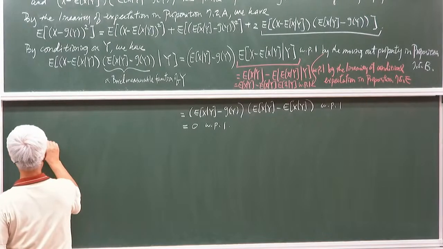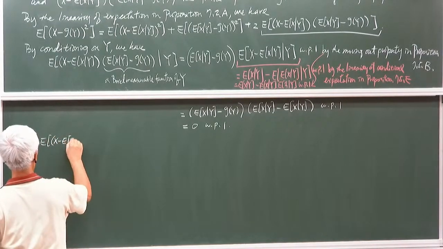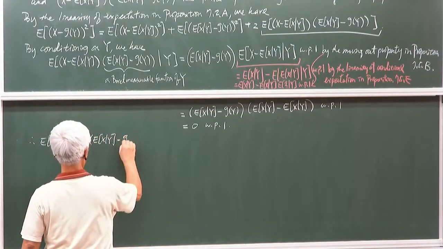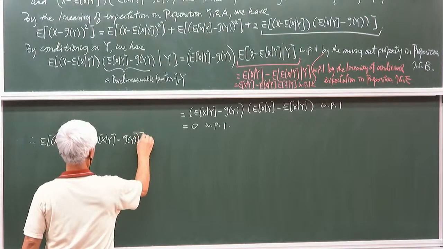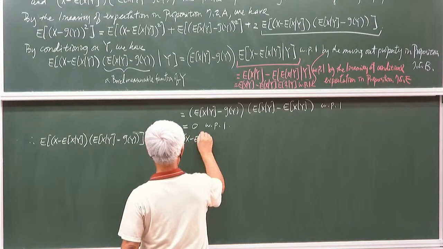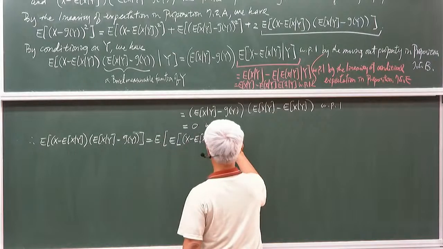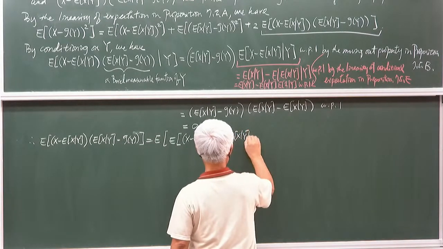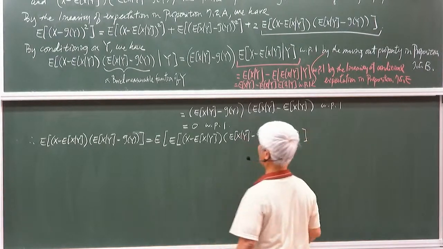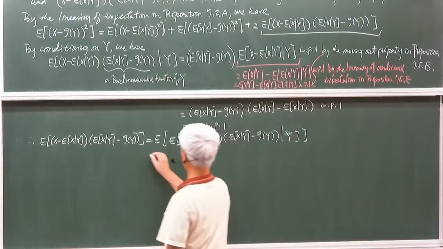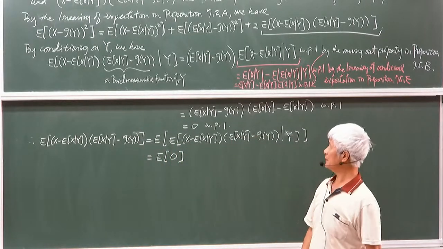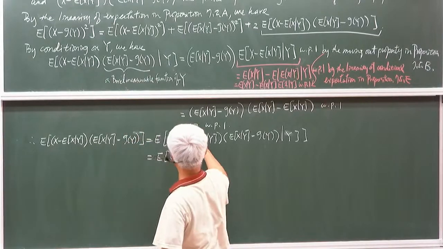And so the expectation of the product of these two differences is equal to, and this is equal to 0, because this conditional expectation is 0 with probability 1.